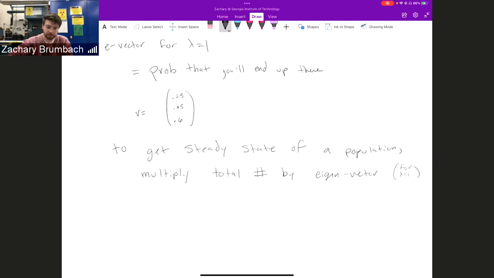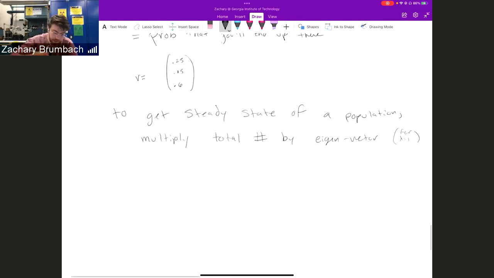All right. So in this particular case, we had a total count of 150 people. So to see what the steady state looks like, we're going to multiply 150 by 0.25, 0.15, and 0.6, right?